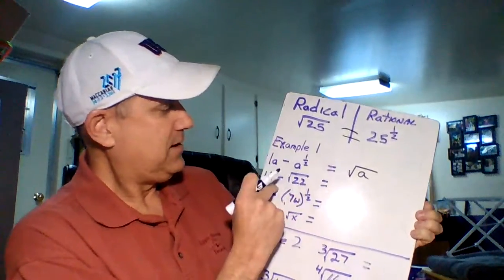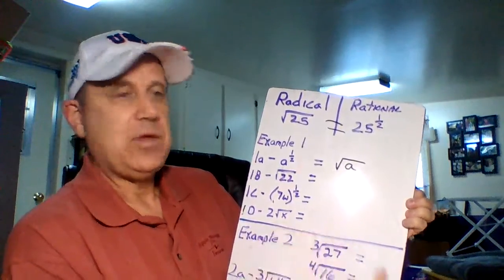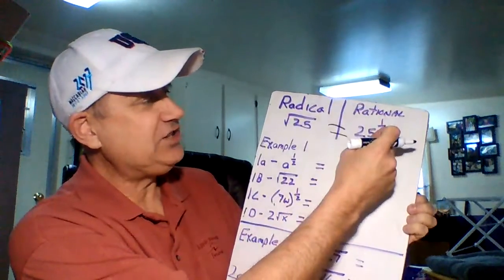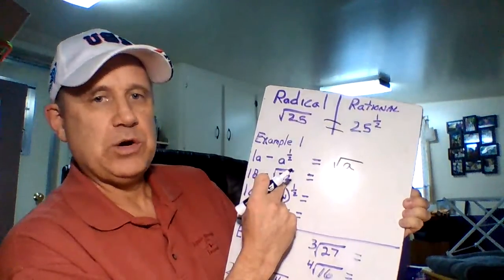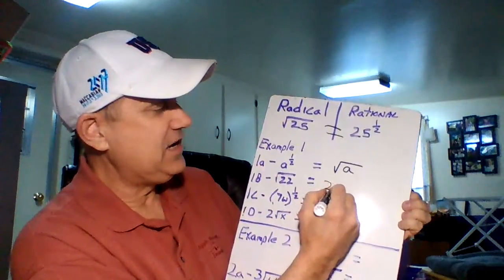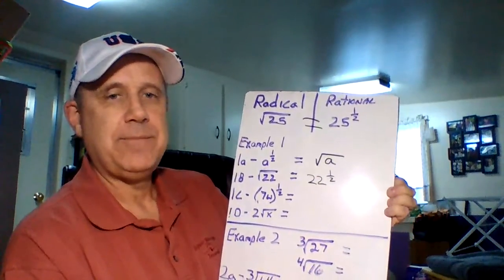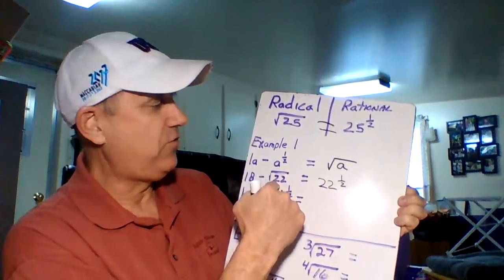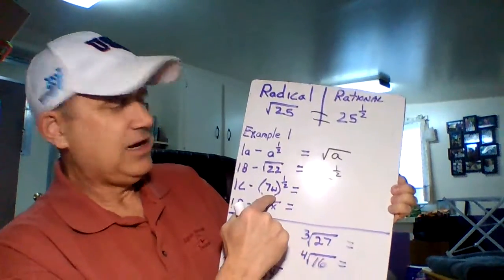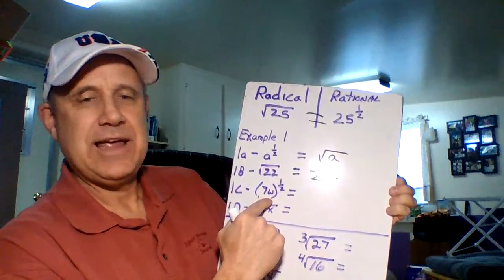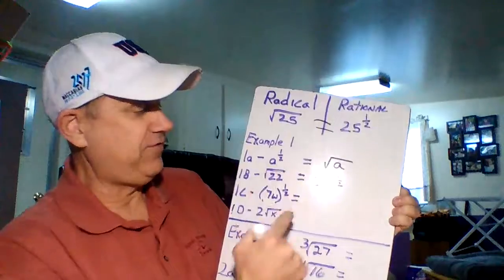1b, the square root of 22. This is radical form, and we're going to change it into rational form. When we have a square root, we basically say 22 to the half power. Radical form, rational form, rational form, radical form. Here we have a fraction, so it's in the form of a ratio, so it's in rational form.